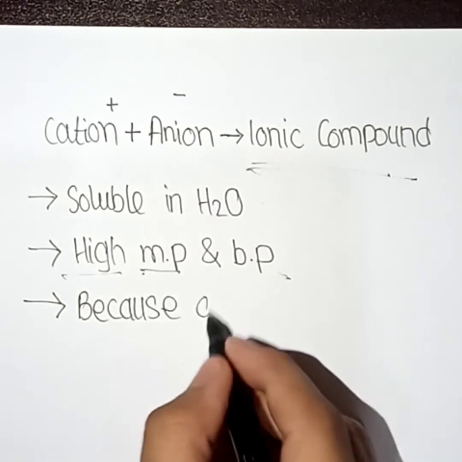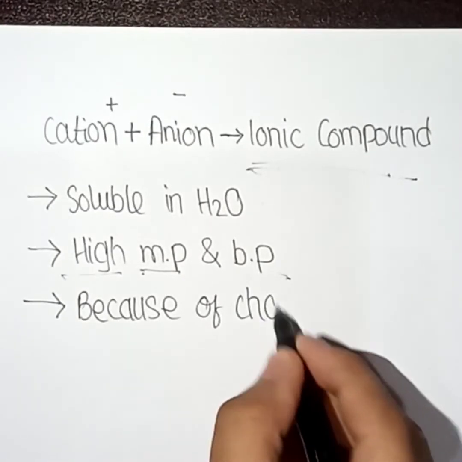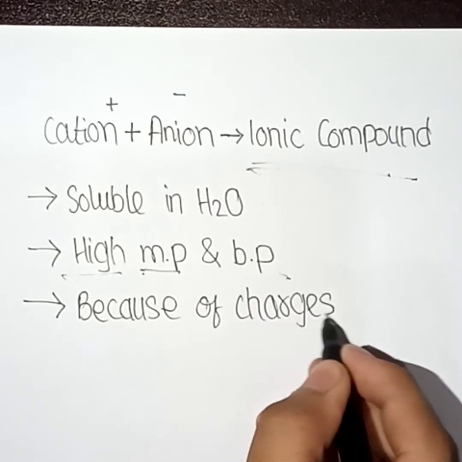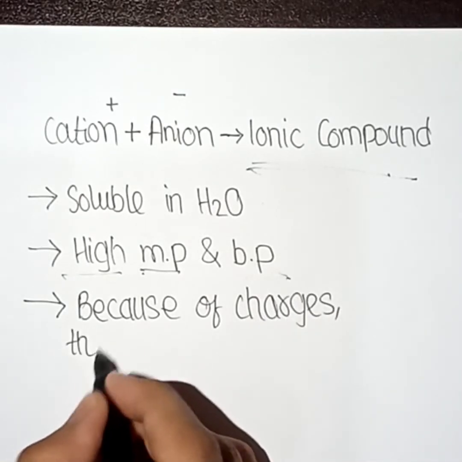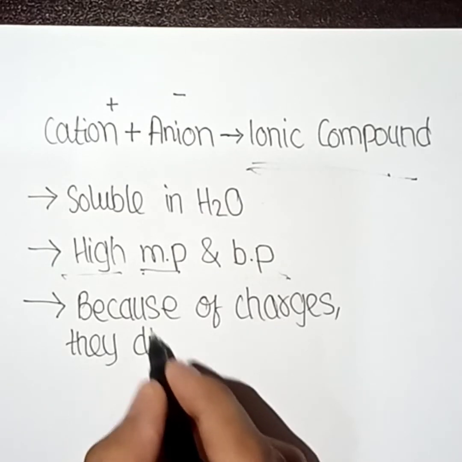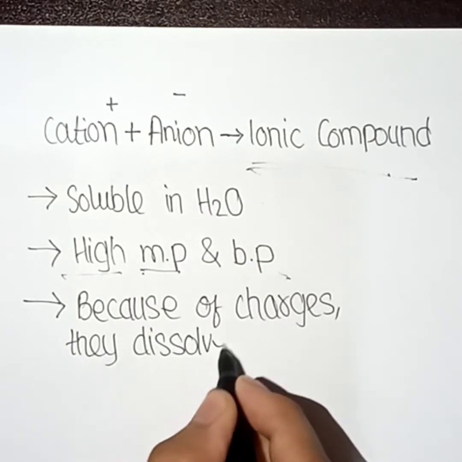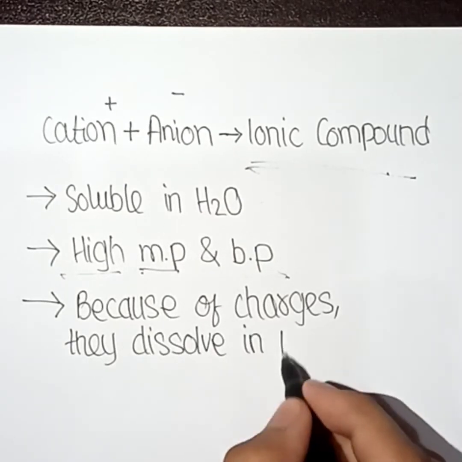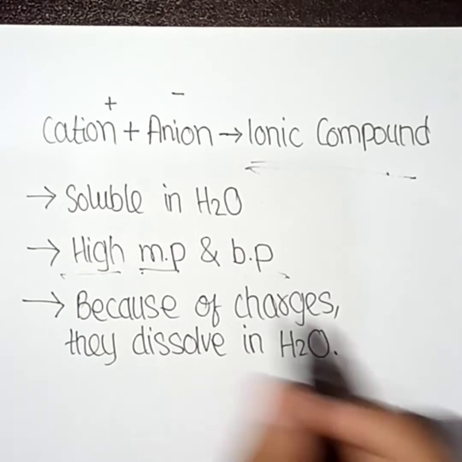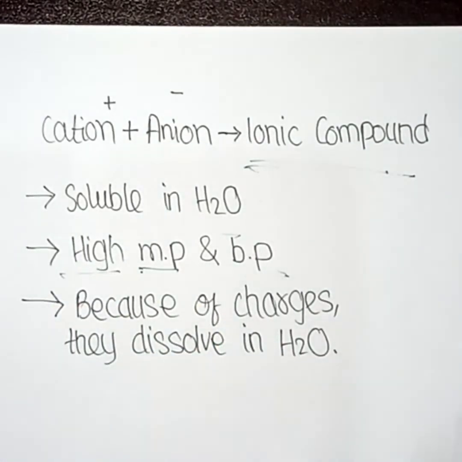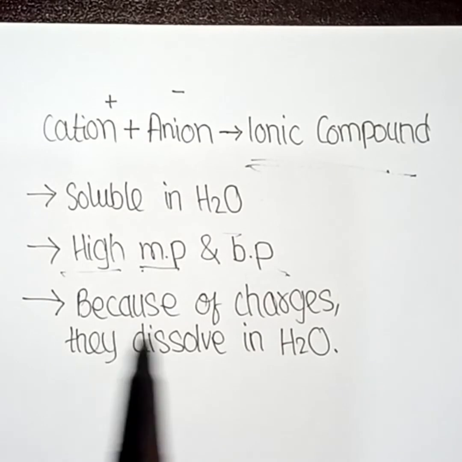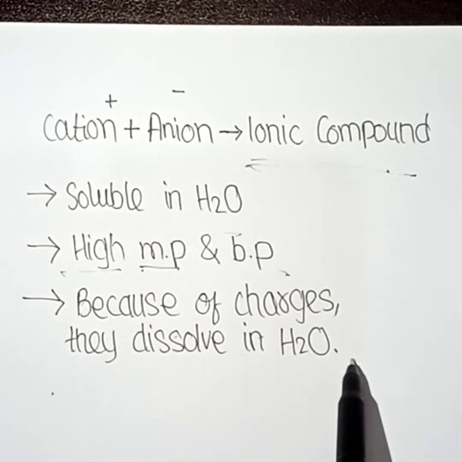Moving ahead, because of charges, they dissolve in water. Obviously, it would be a question why they dissolve in water. So the answer is because of charges, they dissolve in water.